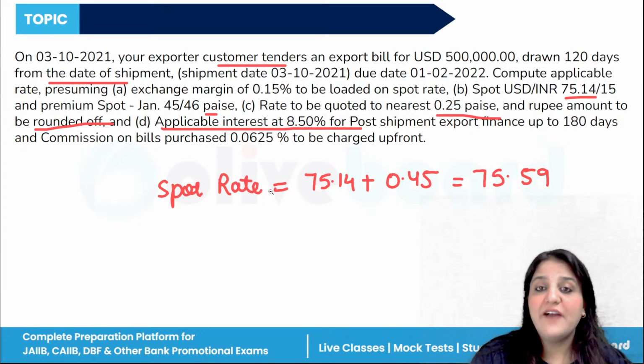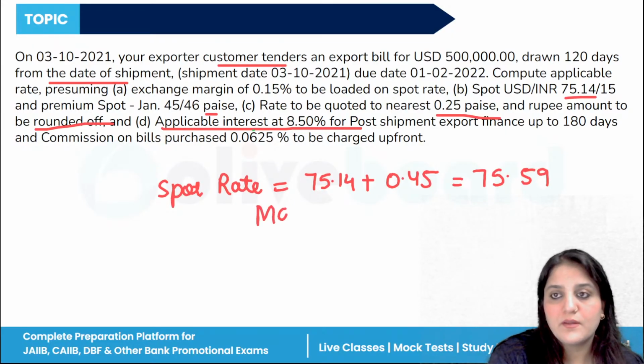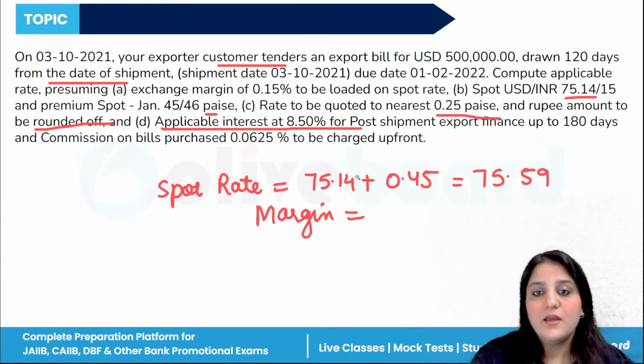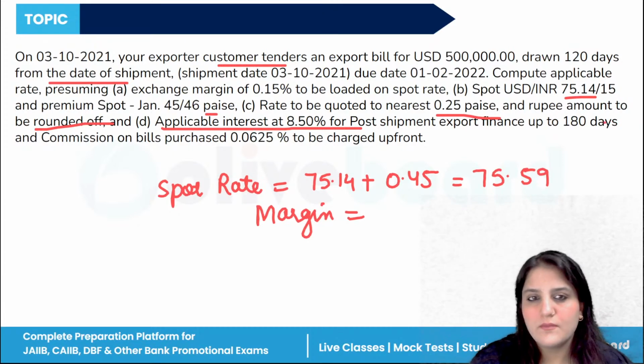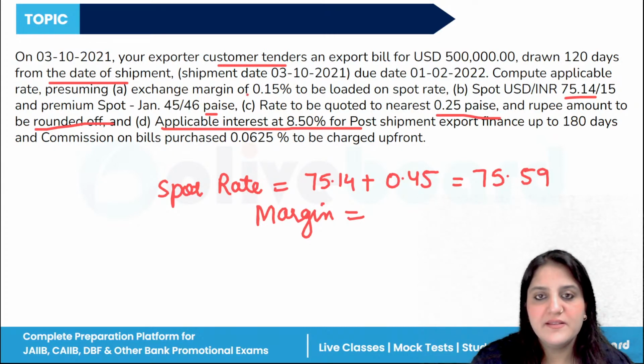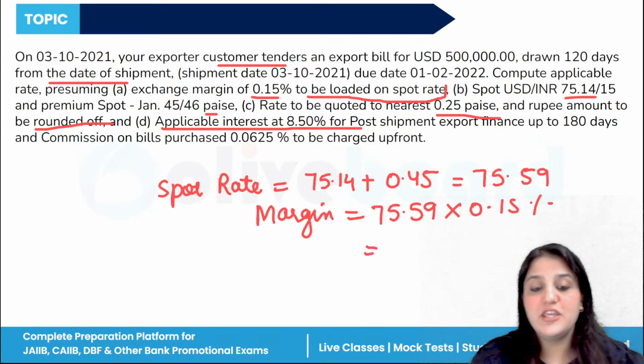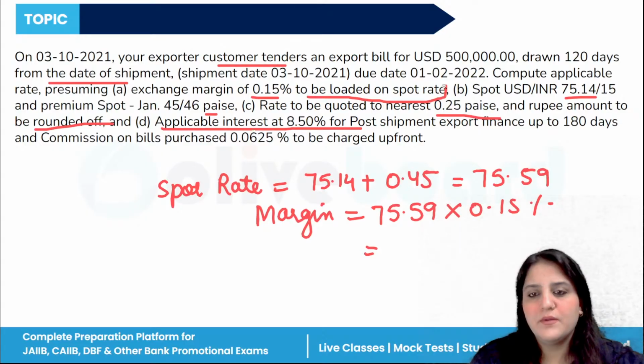Now we have to deduct the margin of 0.15% here. That is given here, and it is written that this is loaded on the spot rate, that means 75.59 multiplied by 0.15%, which is equal to 0.113385.